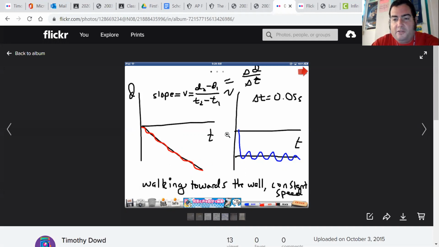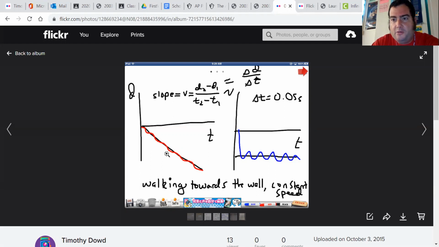That device also gave another graph where instead of bothering to plot position versus time, it just plotted the velocity as time passed. And there's a little more error in the data it generated, but the best fit line here is horizontal. And hopefully you could see that that's saying the same thing as the position time graph. Slope on a position time graph is velocity.